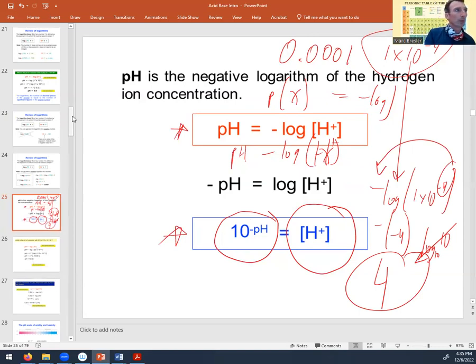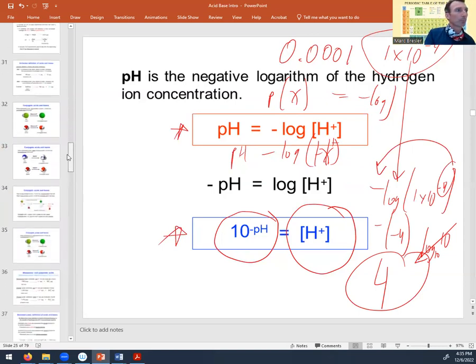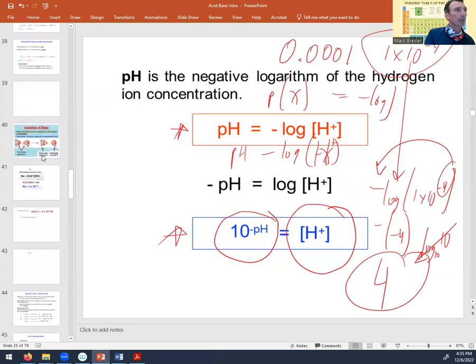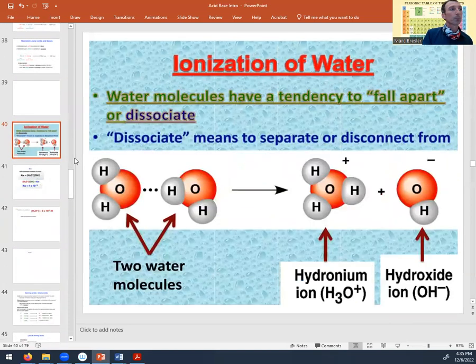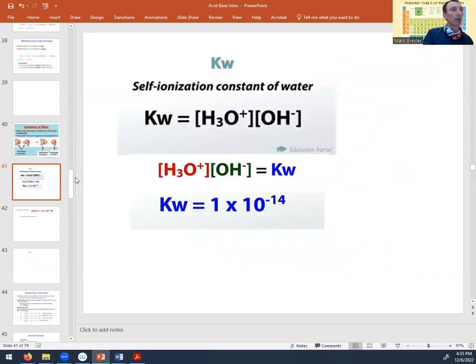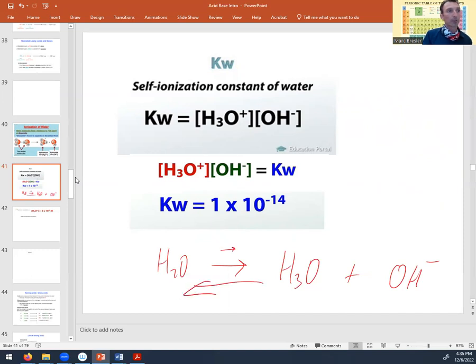But also, if you know the ionization of water, this is H2O becoming H3O plus and OH minus. So this happens in really small amounts, and most of it's going to be going this way. So the equilibrium of this is mostly favoring the reactants.